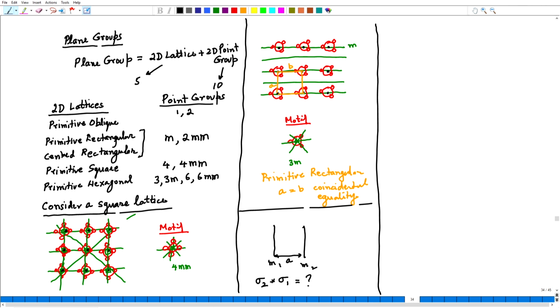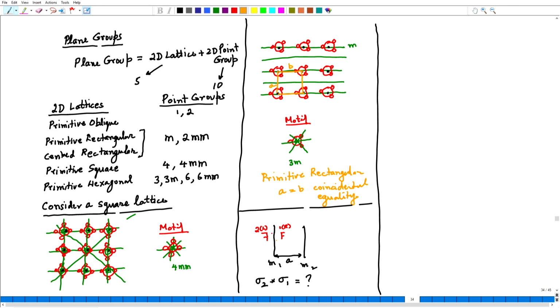So, let us start with an asymmetric motif. The reflection operation by mirror 1 will reflect this asymmetric motif out here. So, this is motif 1, right handed, to motif 2, let us say left handed, and motif 2 gets reflected by mirror 2 through the sigma 2 reflection operation.